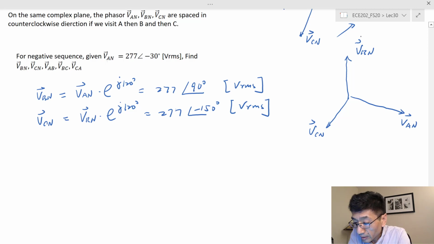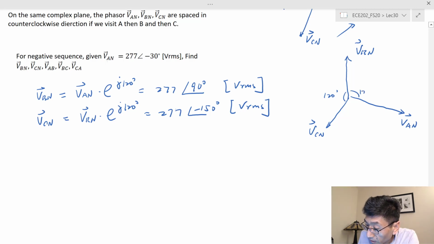So VBN is 90 degrees and VAN is negative 30, and so this should be 120 degrees, right? So 90 degrees and negative 150, which is positive 210. So 210 and 90, that's 120. So these are the phase angles.